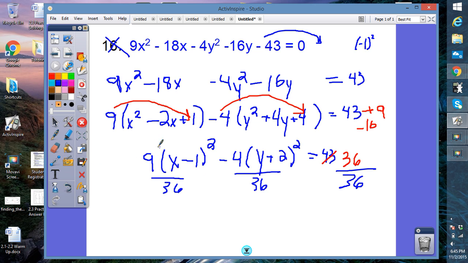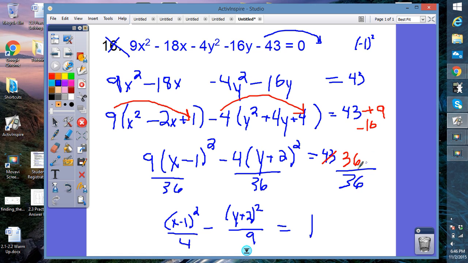Okay, simplify this fraction. 9 over 36 is the same as 1 over 4, so you end up with x minus 1 squared over 4 minus y plus 2 squared over 9 is equal to 1. All right, that's our equation of our hyperbola.